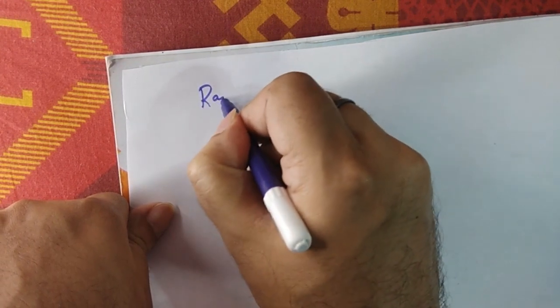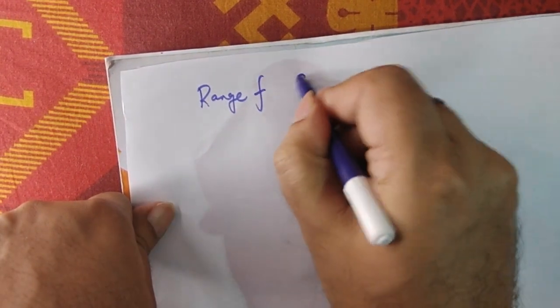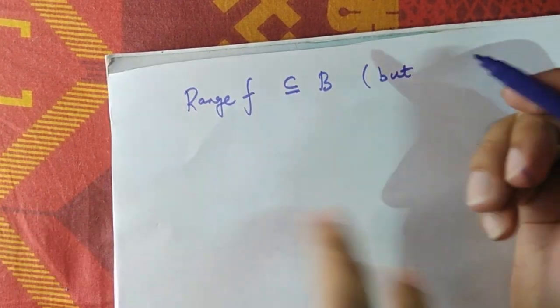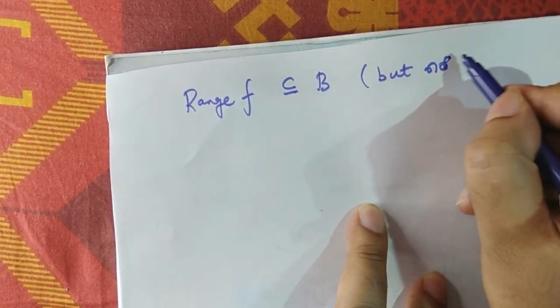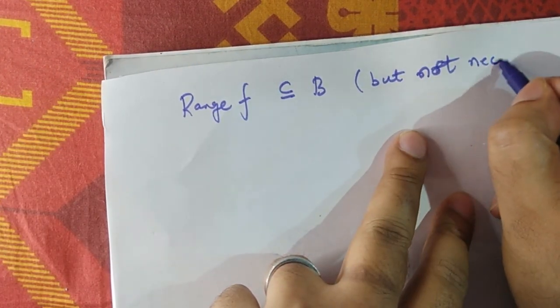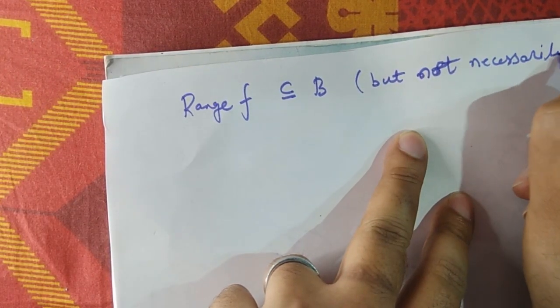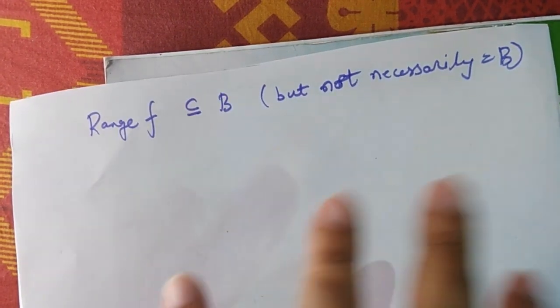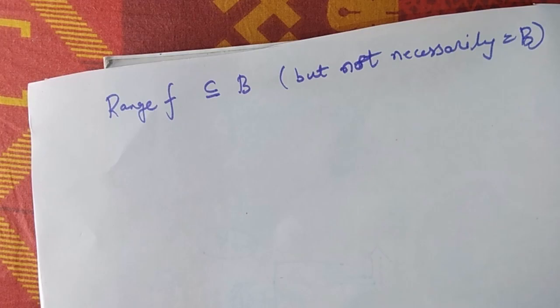So, range of f is a subset of B, but not necessarily equal to B. We will illustrate all this by means of some examples.